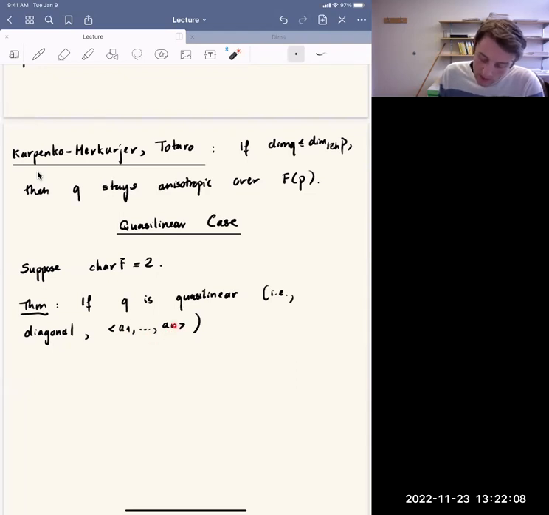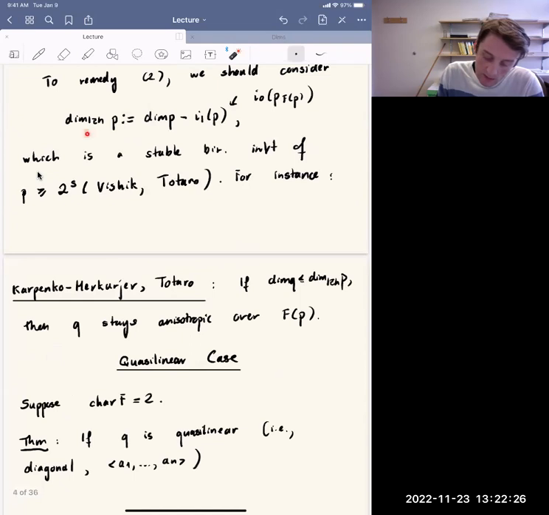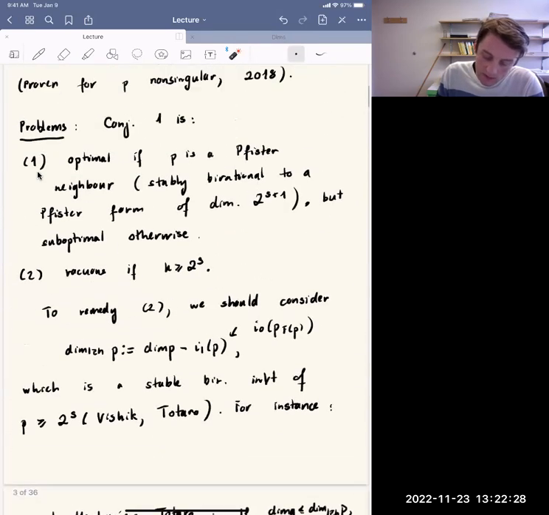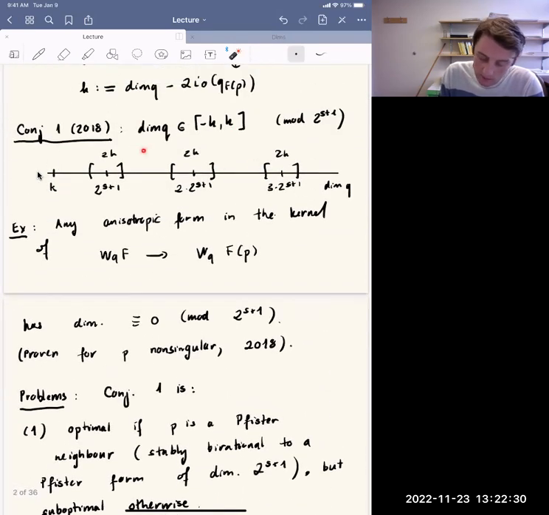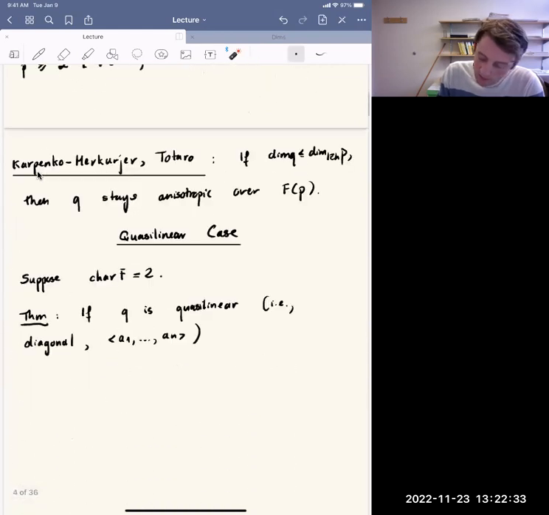characteristic 2. And geometrically, if you consider the quadric defined by a form of this type, if you extend scalars to an algebraic closure, you'll just end up with a double hyperplane. So the quadrics defined by such forms are some very special variety, so they don't have any smooth points at all. So in the usual theory for non-singular forms, to prove results on conjectures of this type, the only methods we have at the moment are algebraic geometric methods.